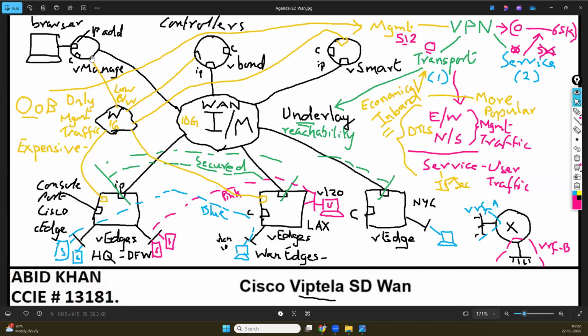It makes sense if we are talking about a big SD-WAN implementation. Cisco Viptela SD-WAN is normally meant for big implementations, hundreds or thousands of locations. It's a scalable solution meant for large enterprises.